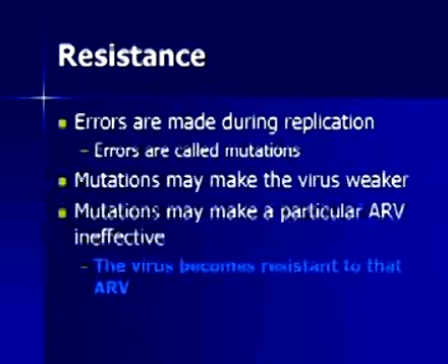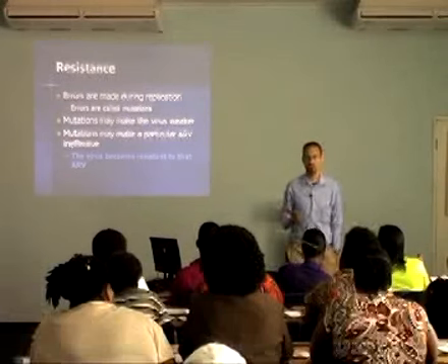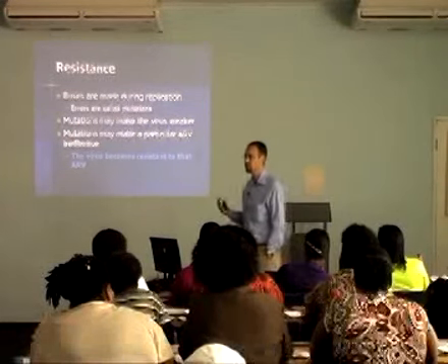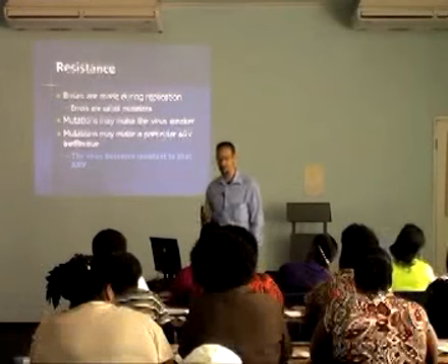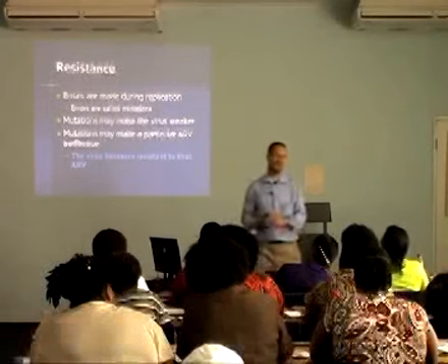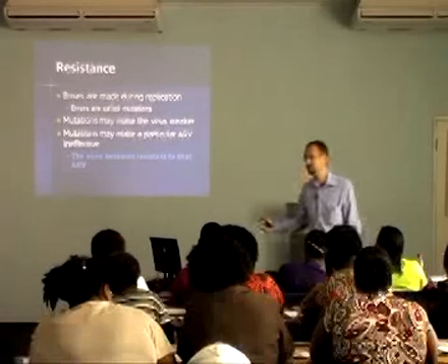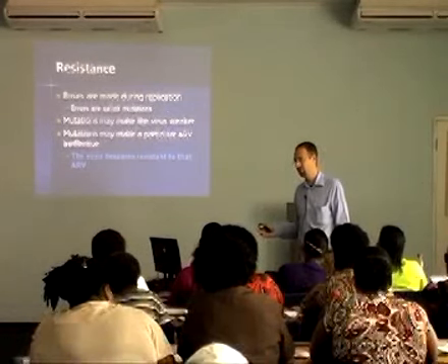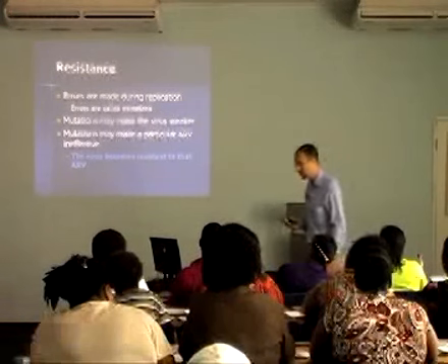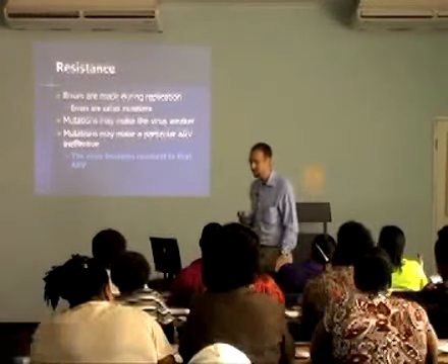As I told you, the enzyme reverse transcriptase is a stupid enzyme. It makes mistakes all the time. And when it makes a mistake, it's an error. And that error is called a mutation. And mutations can happen anywhere in the virus. Some mutations actually make the virus weaker. But some mutations might make a particular ARV ineffective.